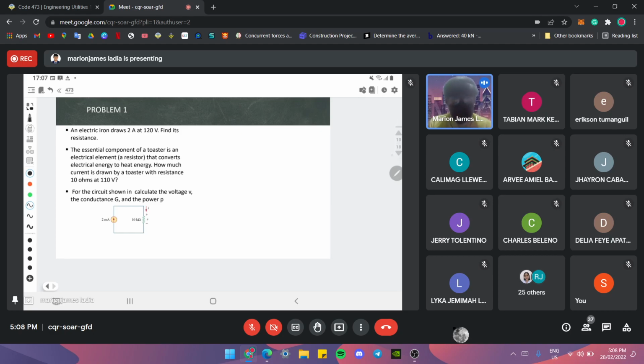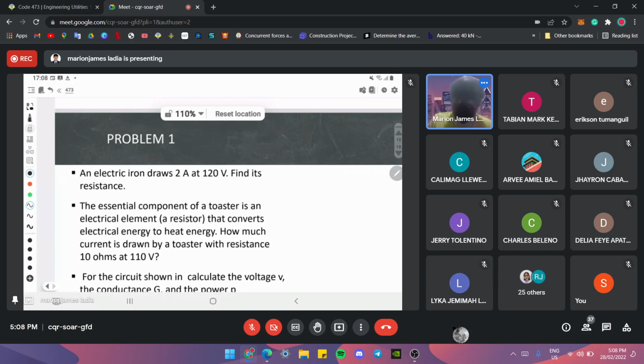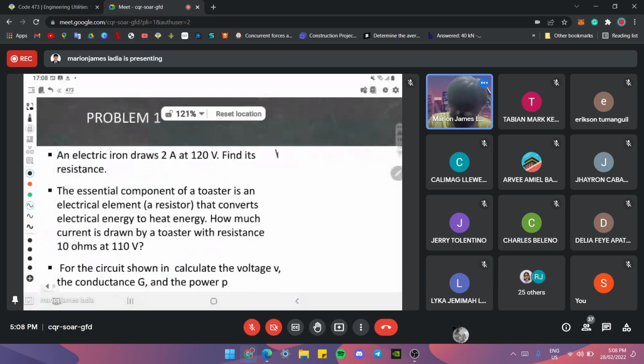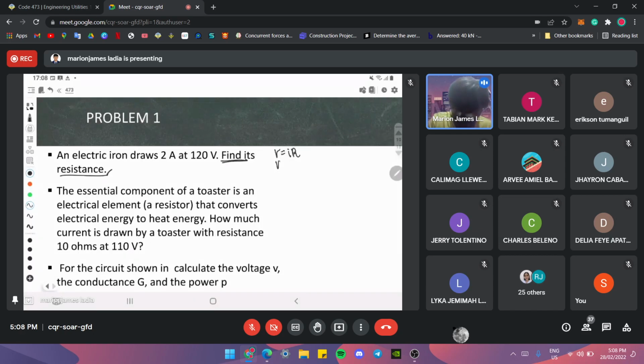Problem 1, an electric iron draws 2 ampere at 120 volts. Find its resistance. Okay. So in this problem, gamitin lang natin yung ating V is equal to I R. Okay? So ang tinatanong is, find its resistance. So our V is equal to 120 volts.